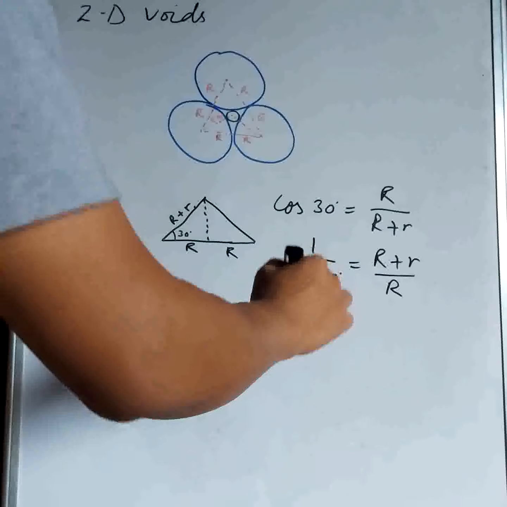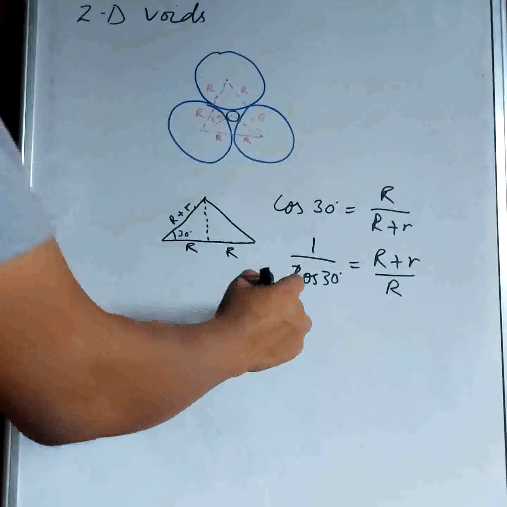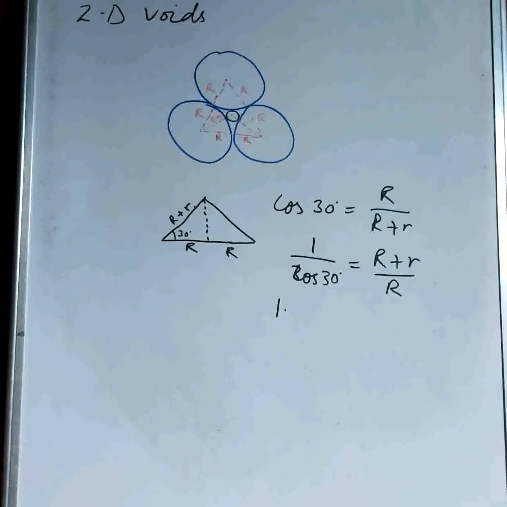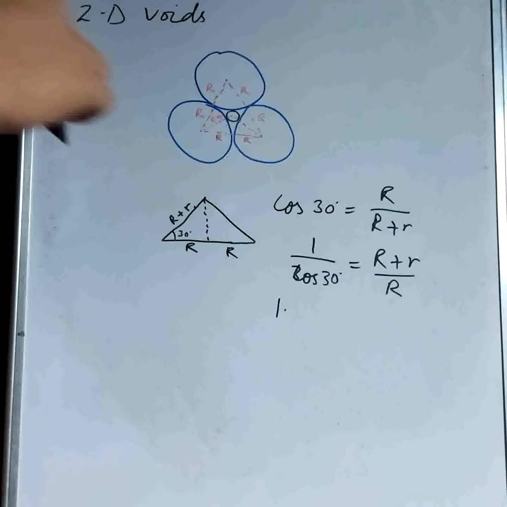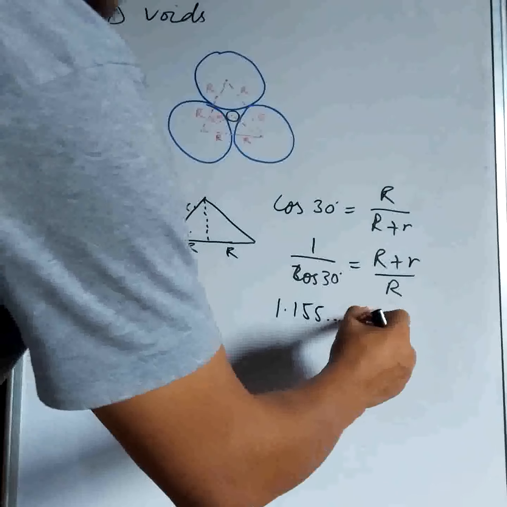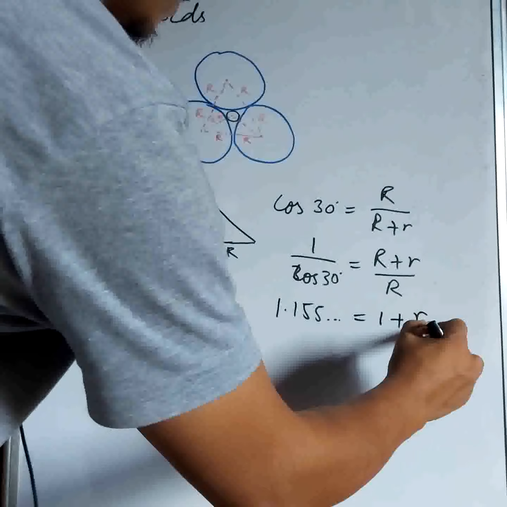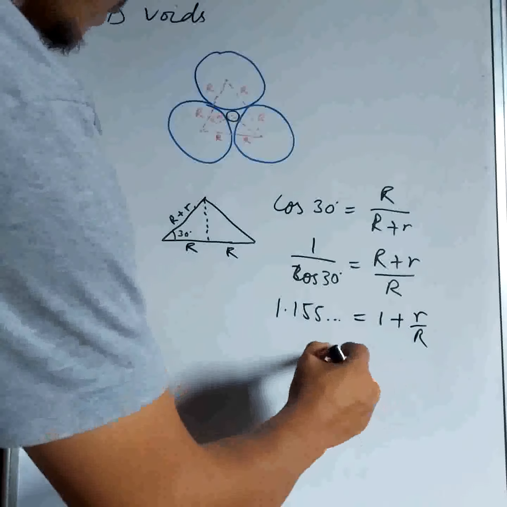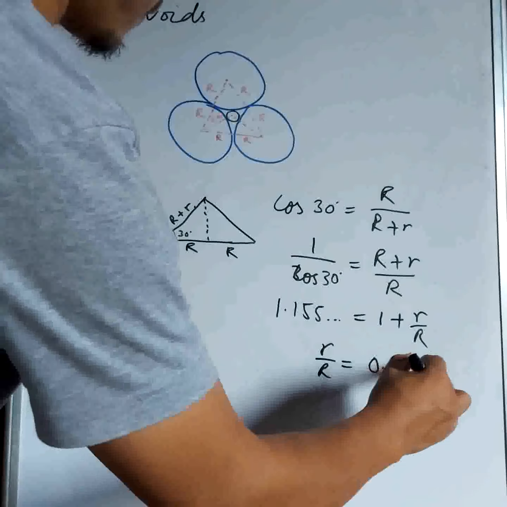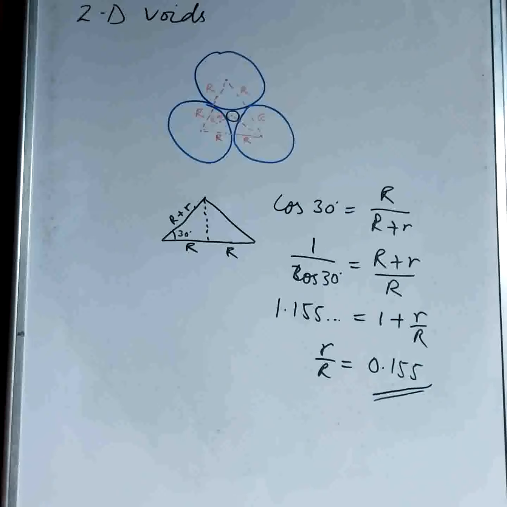Now if you divide this by the value of cos 30, you should get around 1.155, and so this would be 1 plus r over R. So the radius ratio r over R would be 0.155. So that is our radius ratio in two-dimensional voids.